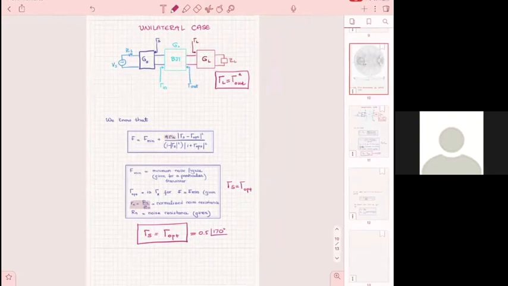Now, let me tell you this. If I give you gamma S and gamma L, how much is gamma L here, we said? S22 conjugate. Exactly. If I give you gamma L and gamma S, do you know how to find the matching networks?